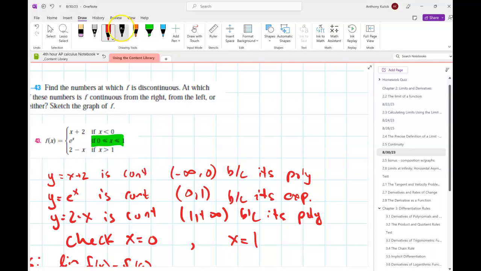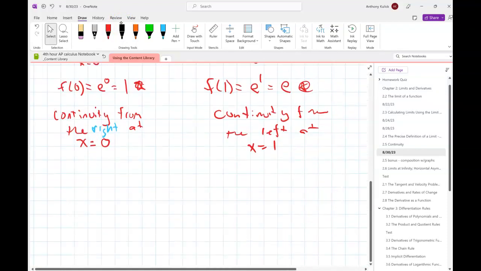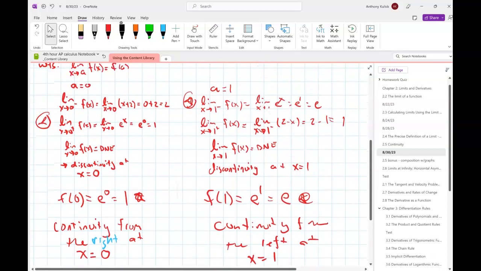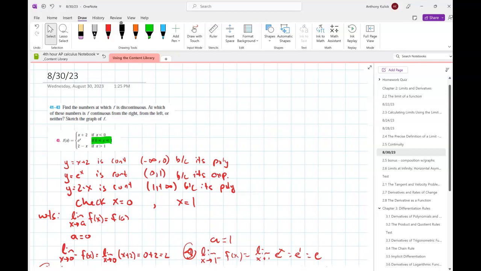Now we've got to draw the graph, right? And the graph kind of confirms what we're seeing there. So the first piece is a polynomial, or a linear function, even better, y equals x plus 2. This is on the interval from negative infinity to 0.